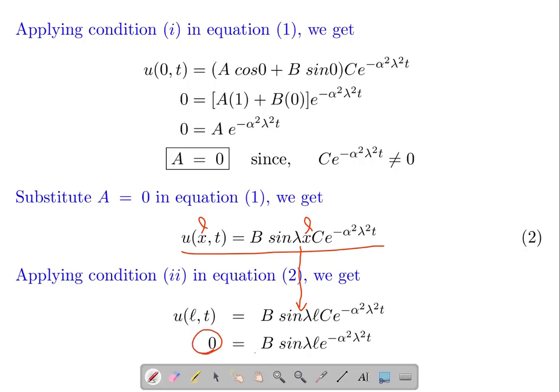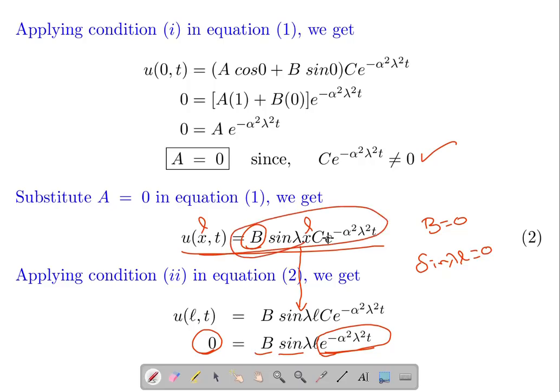If it is 0, here three terms are there. One term is b, another term is sine, and another term is exponential. We already discussed that the exponential is non-zero, so we don't bother about it. So either b is 0 or sine lambda L is 0. If b is 0, the whole solution tends to 0.